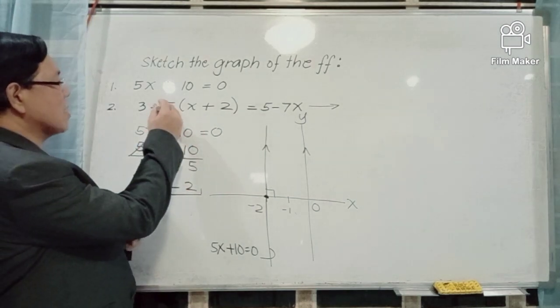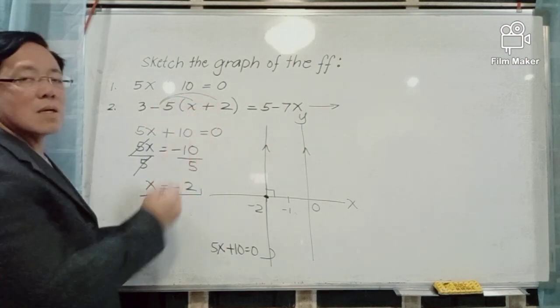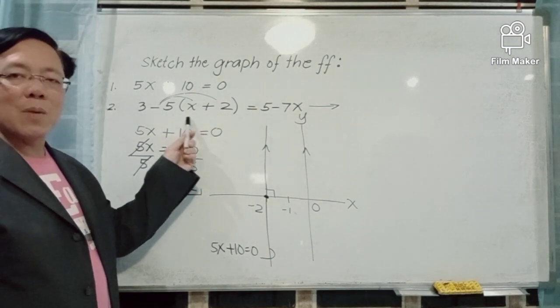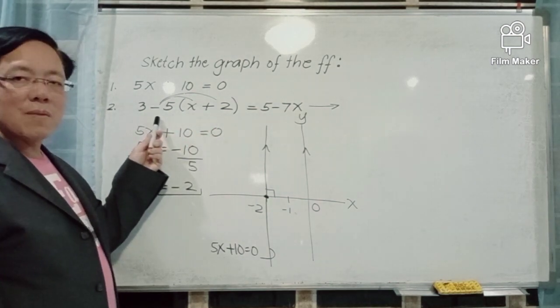Distribute -5 from the left. That is, multiply each term of this binomial by -5.